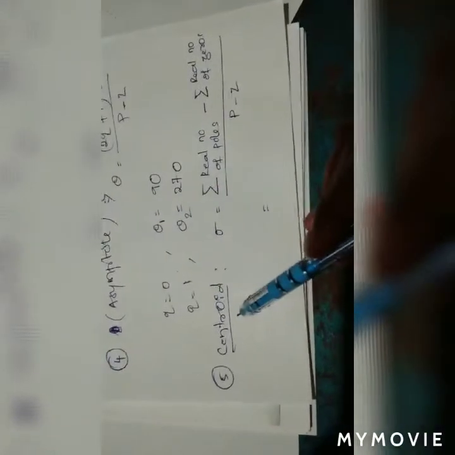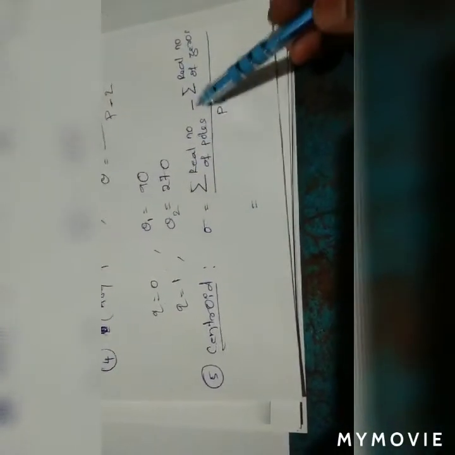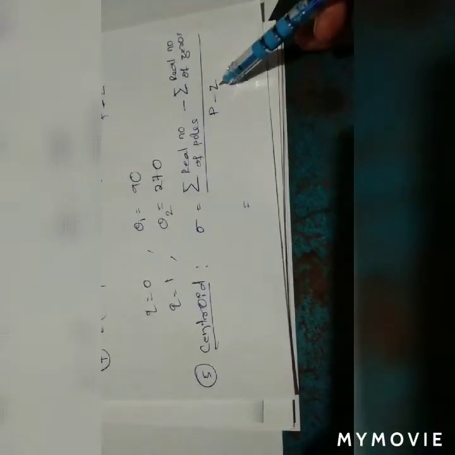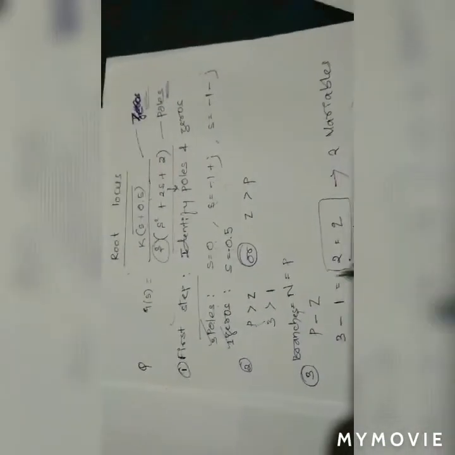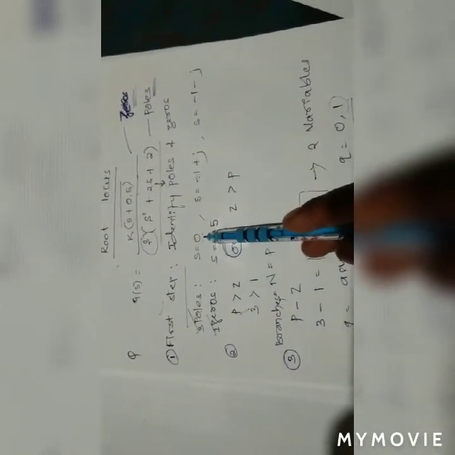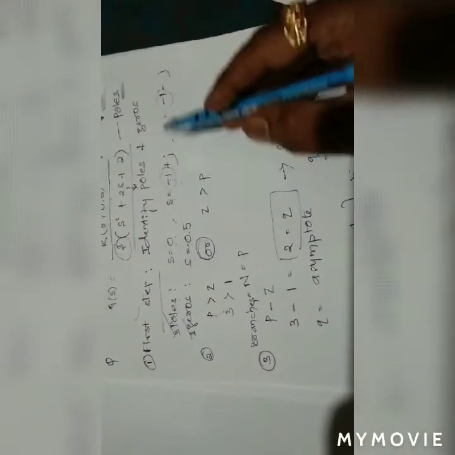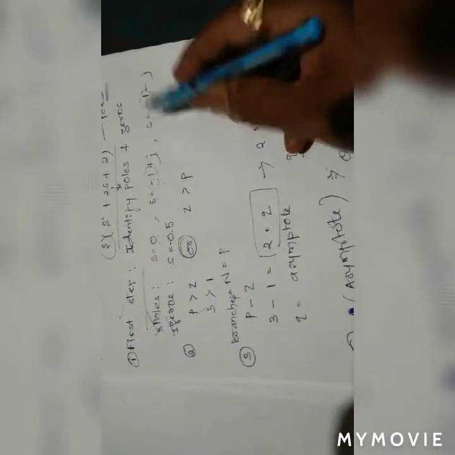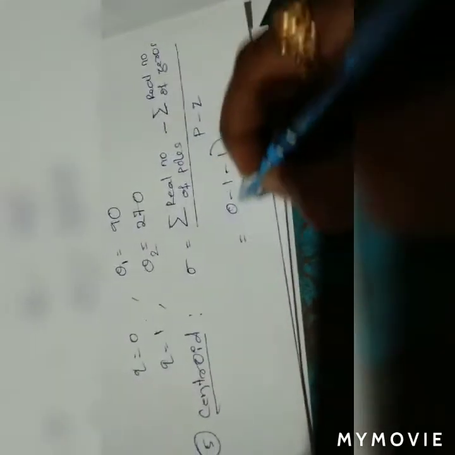After asymptotes, the next step is the centroid, that is rho. Summation of real parts of poles minus summation of real parts of zeros divided by P minus Z. For the real parts of poles, consider only real numbers. Here the real part is 0. Then from these two roots, only consider the real parts, -1 and -1. So for poles, 0, -1, -1.